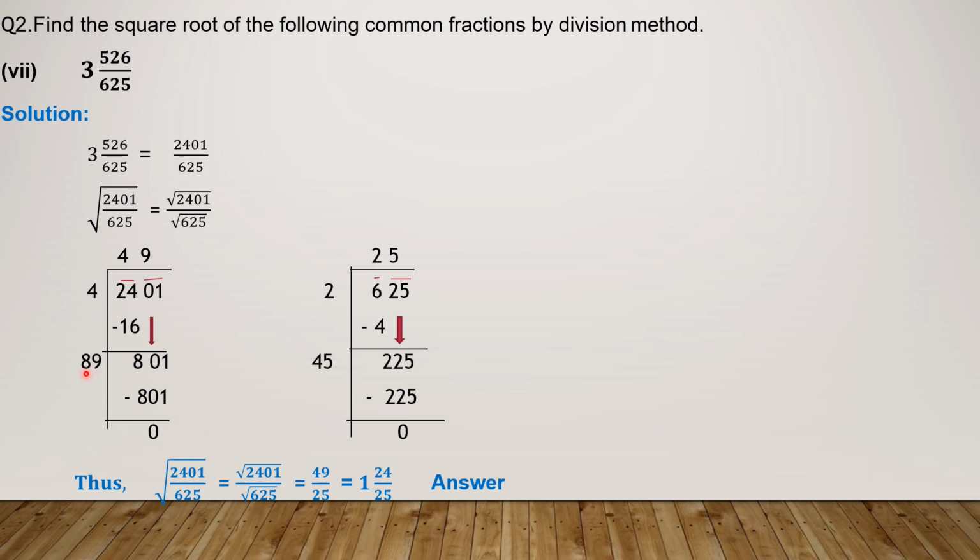When we multiply 89 with 9, we will get 801. You can do all of this work at one side of your page or on any rough sheet. So the square root of 2401 is what? 49.